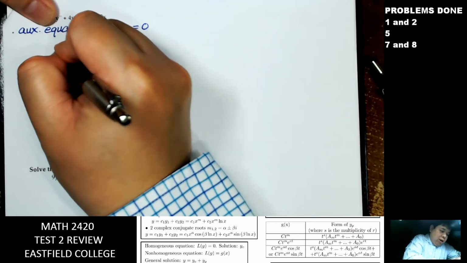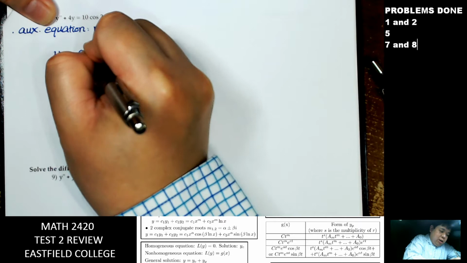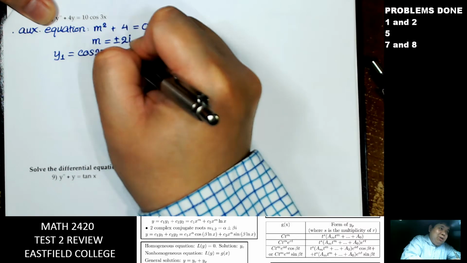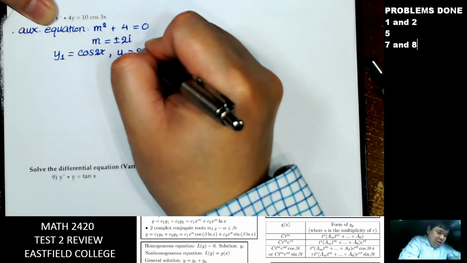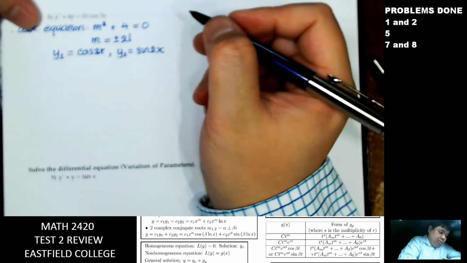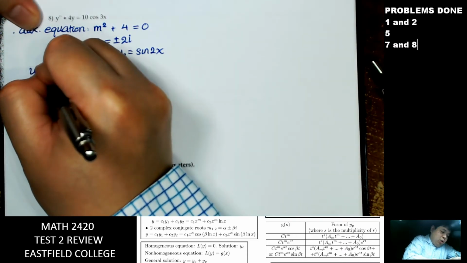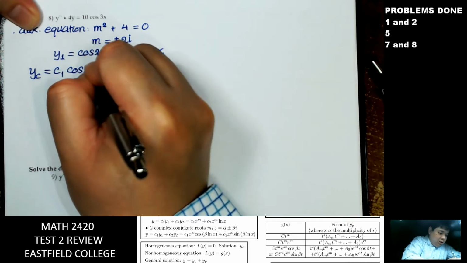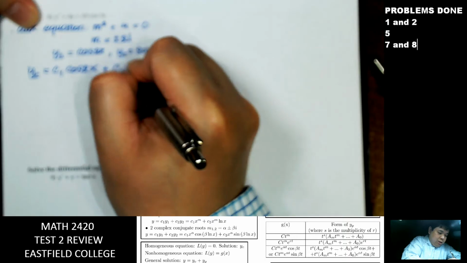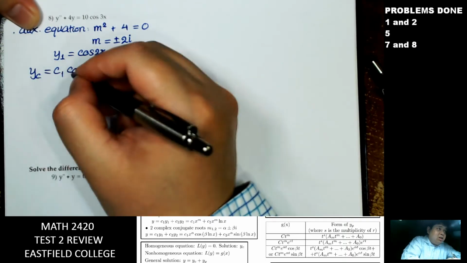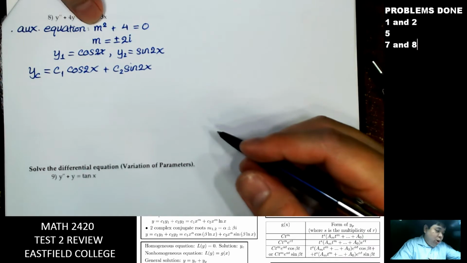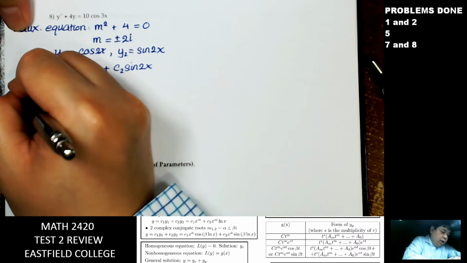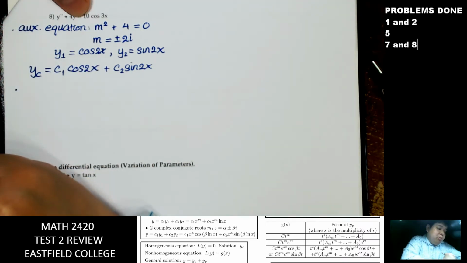So y1 is cosine 2x, y2 is sine 2x, and the complementary solution is c1 y1 plus c2 y2. So that is the homogeneous equation when it is equal to 0, and we have the complementary solution. Next, the particular solution.